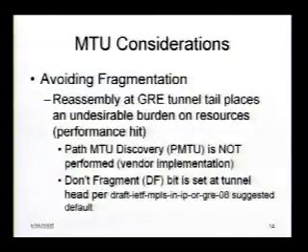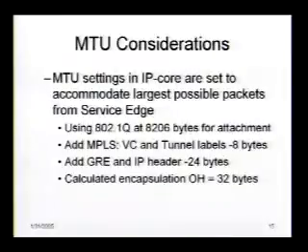But we had 2 tools, again per MPLS in IP or GRE: first, setting the don't fragment bit in the IP header. And secondly, configure the MTU setting in the IP core to accommodate the largest possible packets from our service edge. We're able to support up to an 8206 byte MTU on our 802.1Q attachment circuits.